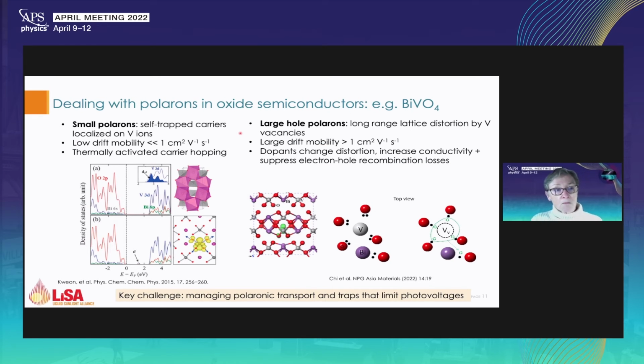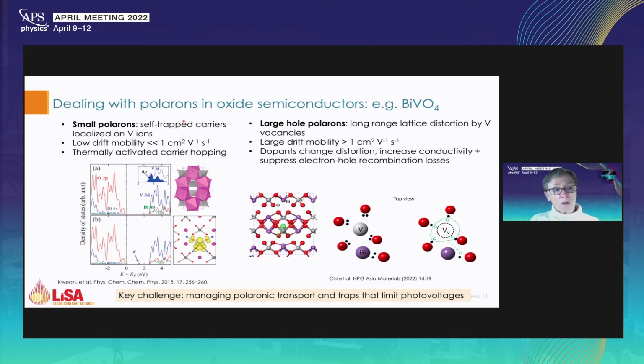So I'm going to give just one quick story, which is about bismuth vanadate. Bismuth vanadate is a material that has been widely studied. It doesn't have a very good photovoltage, but it can be made reasonably stable and has been used for a water oxidation photoanode. It has two types of polarons.